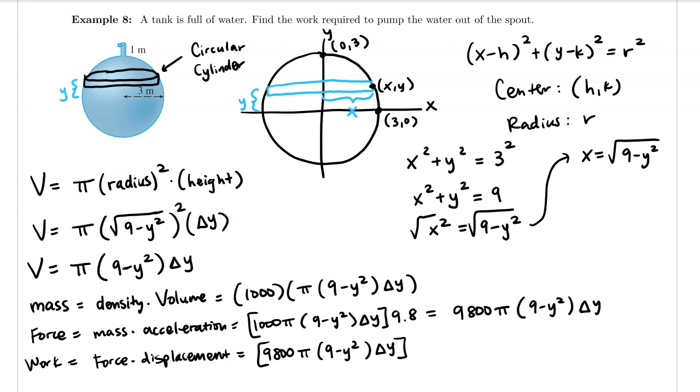And because my sphere here, I know that the distance from the center of my tank to the top of my tank is 3 meters, and then the spout is an additional 1 meter. So from the center of my tank to the very top of the spout, that distance is 4. So the displacement, or the distance that my slice of water would need to travel, is the distance from there to the top of the spout, and that is going to be 4 minus y. So coming back down here, my displacement is 4 minus y.